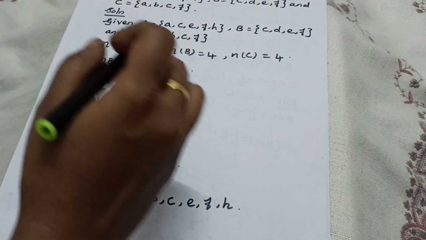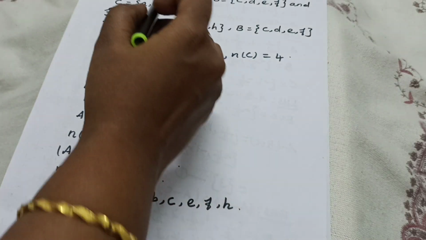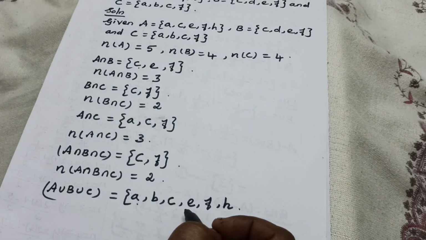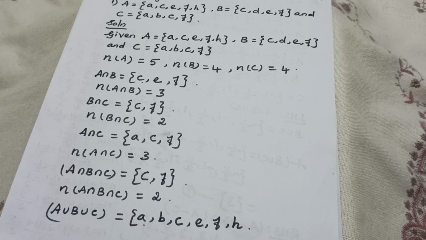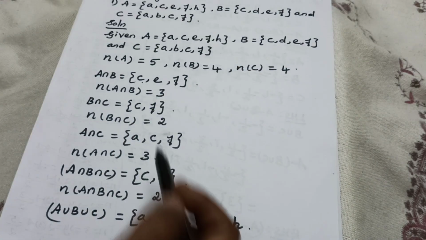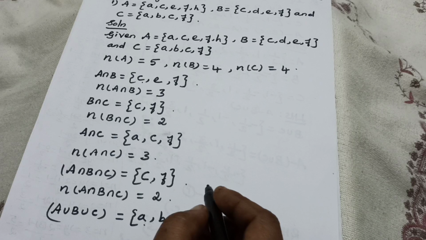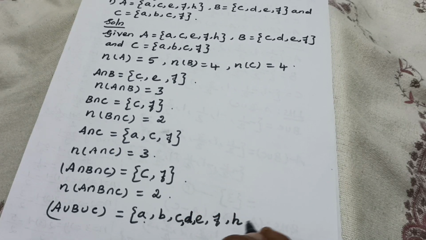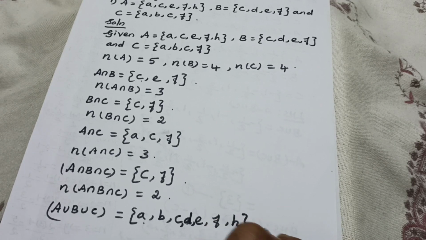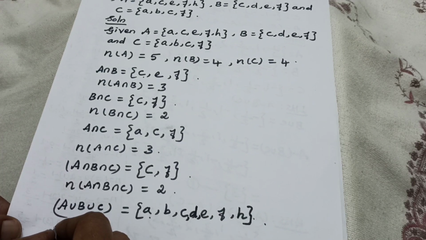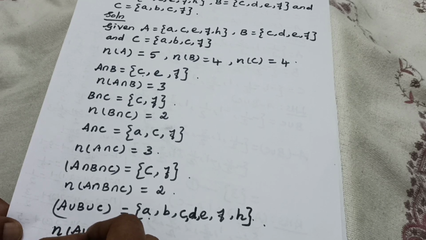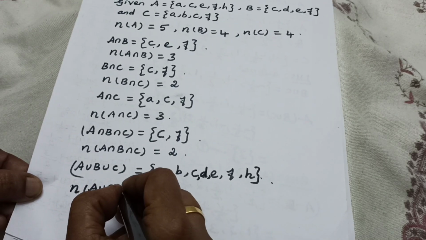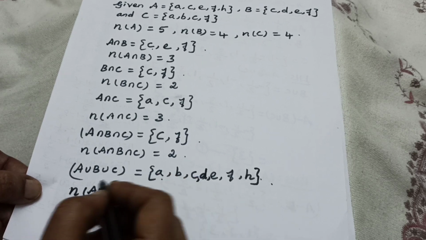A, B, C, B, C, E. Here which element is missing? Then A, B is there, C, D we did not write, isn't it? And D, then E, F, H. Okay, then n of A union B union C is equal to left hand side.